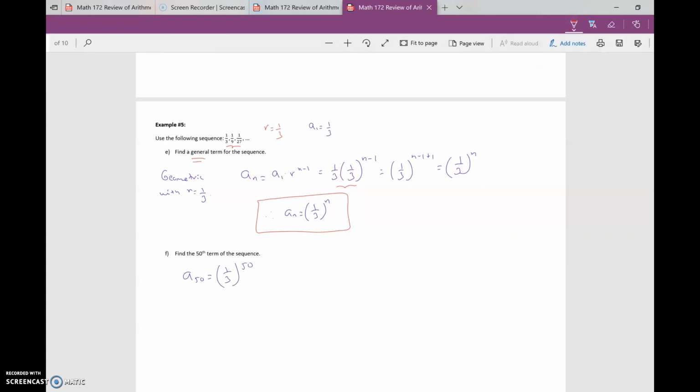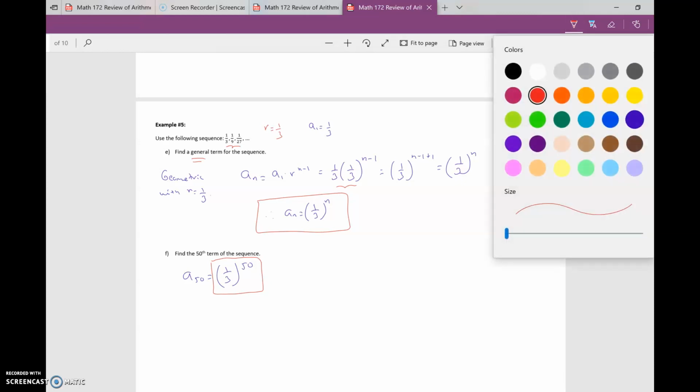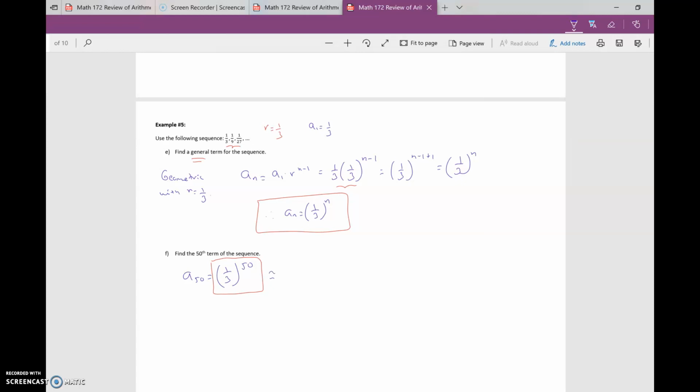Now I'm going to leave it like that, but they're asking for us to obtain the sum of some of these values. So let me just give you the decimal approximation, and the calculator may give us scientific notation. In this case, it is giving scientific notation, and I'm obtaining that 1/3 raised to the 50 is 1.39296 times 10 to the negative 24.